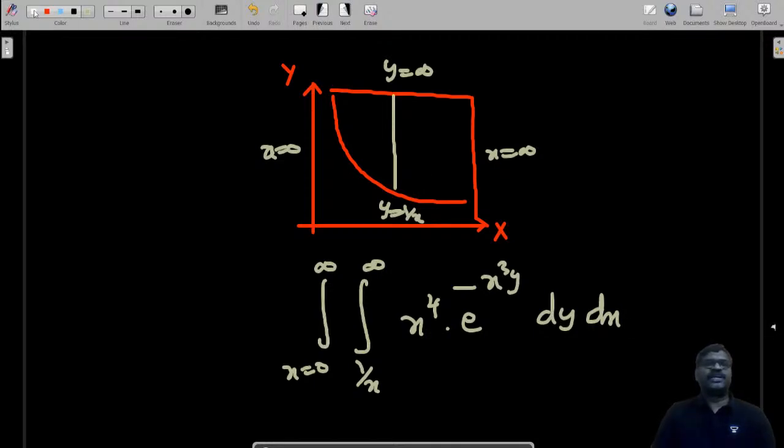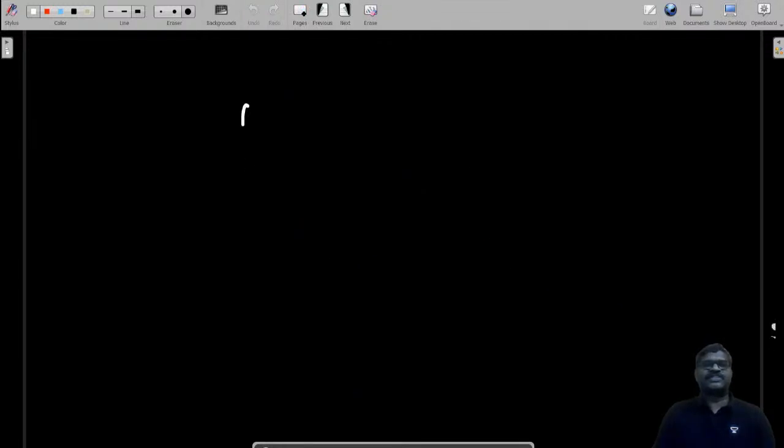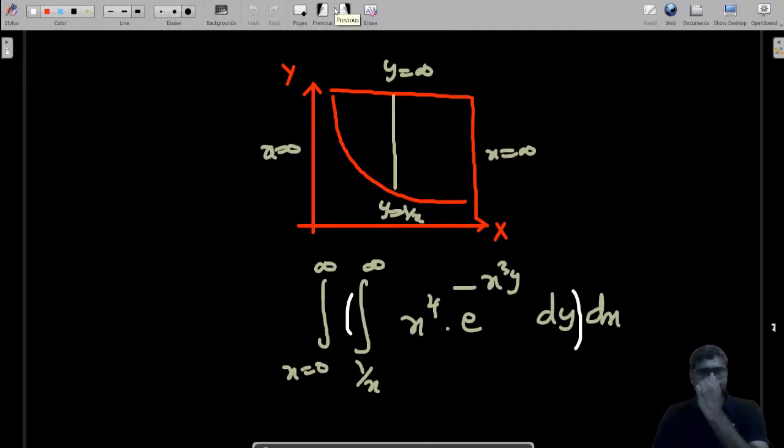First we have to integrate with respect to y. Whenever you are integrating with respect to y, you have to treat x as constant.